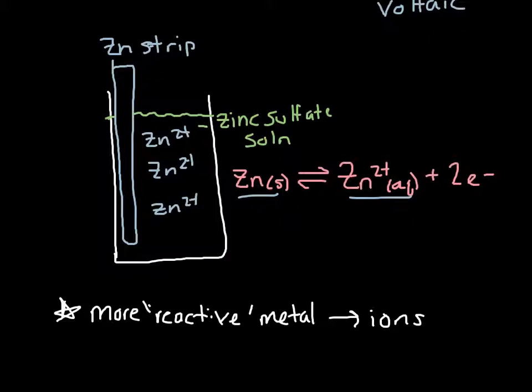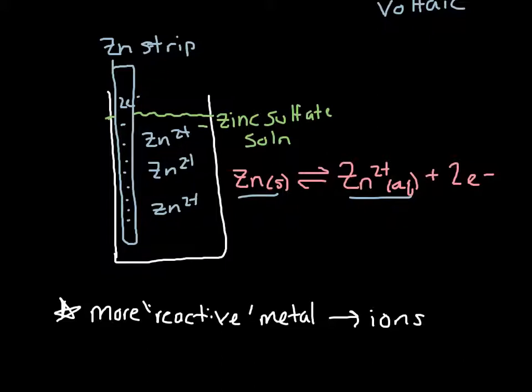As those zinc ions are within the solution, the zinc strip will also become negatively charged as they move to and from this equilibrium reaction. If you look at this equilibrium reaction, we have our zinc ions, and electrons floating around, and those electrons find those zinc ions and get deposited on the zinc strip, and so on.